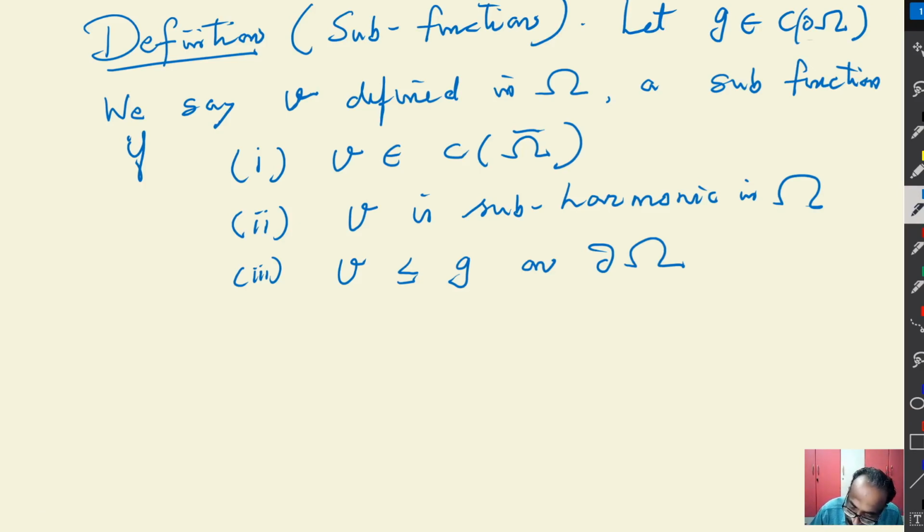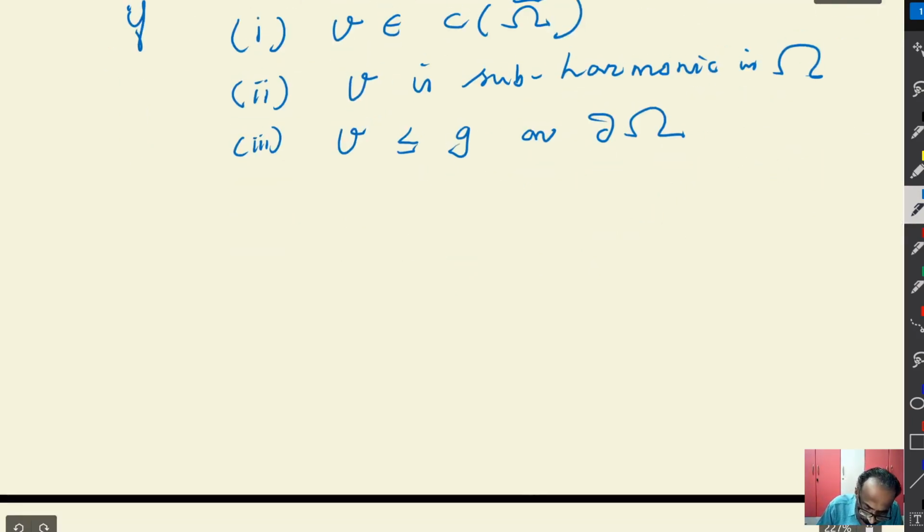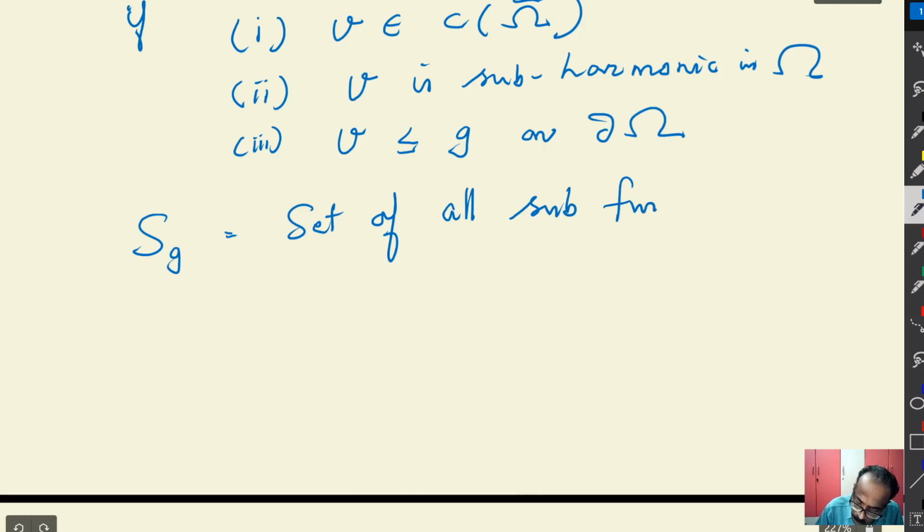We say it is relative to g. And we define S_g as the set of all subfunctions.